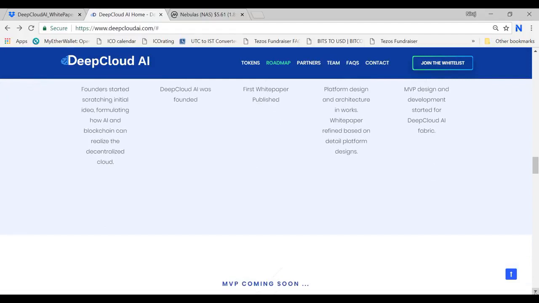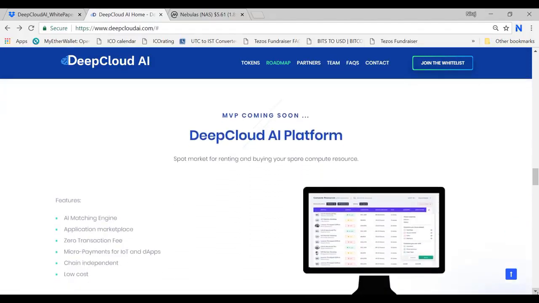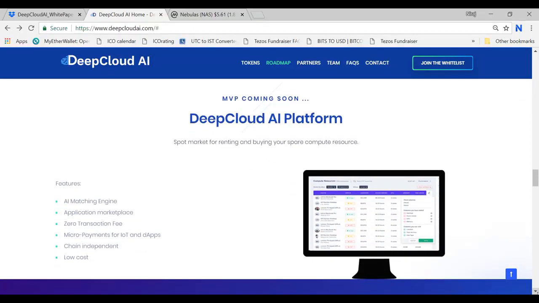So this is pretty much the roadmap, and they have their MVP coming soon. I've heard in that interview that they might have their MVP out before the crowd sale. So it's very interesting to see, and I'm eagerly waiting to see the MVP.